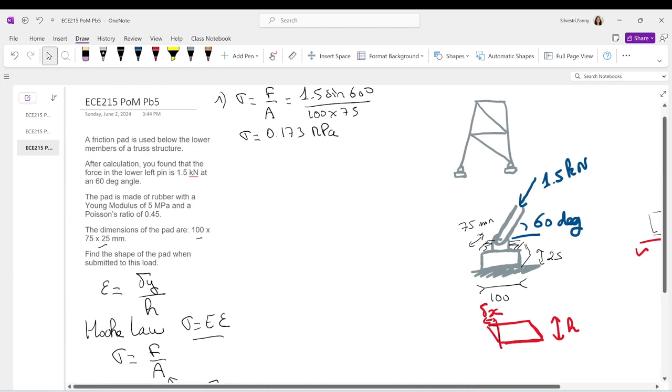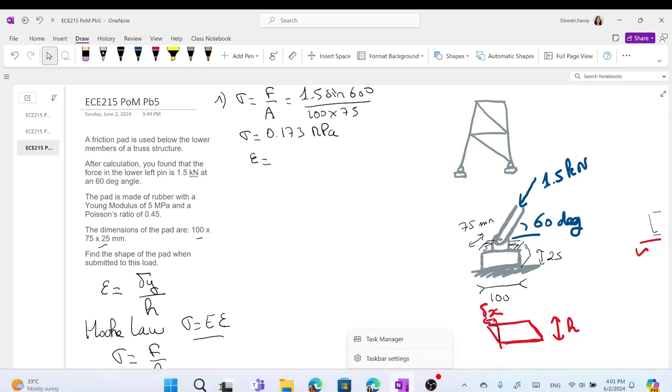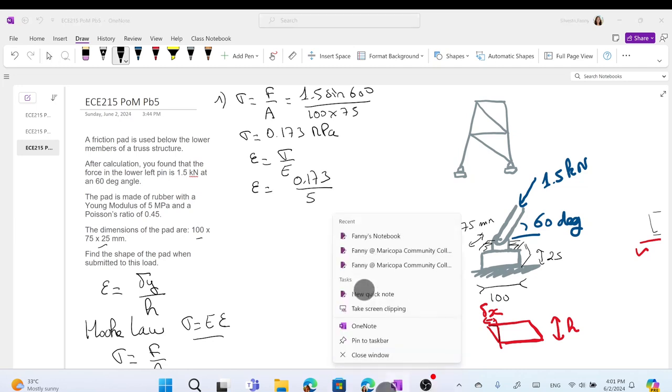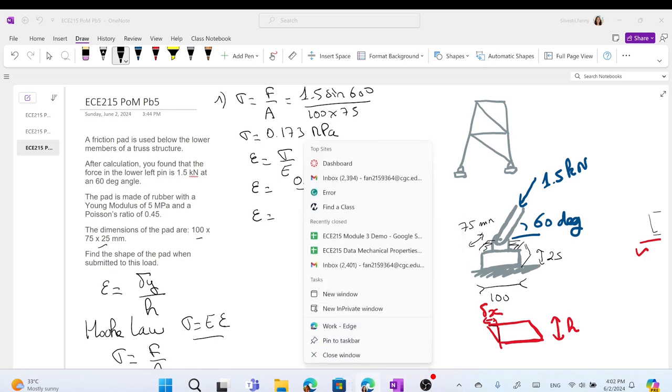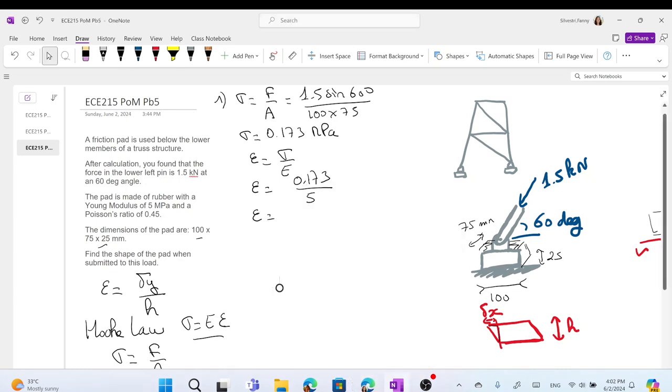So we have sigma, we can find epsilon. Epsilon equals sigma divided by E. So epsilon equals 0.173 divided by the 5 megapascal. Okay, let me just make sure I didn't make a mistake.